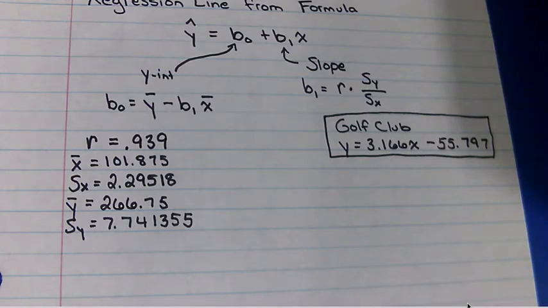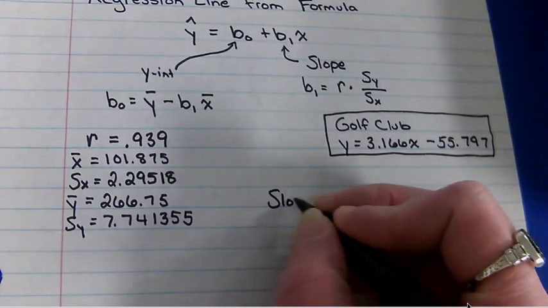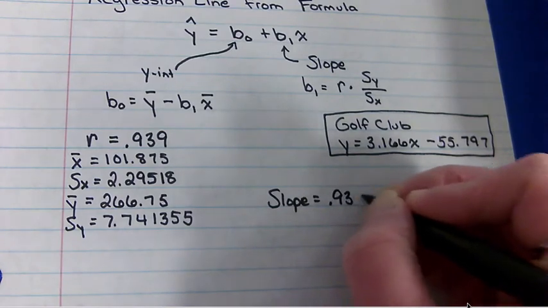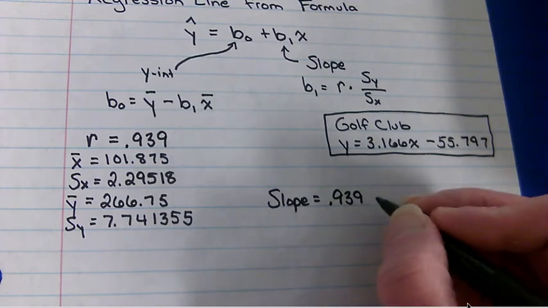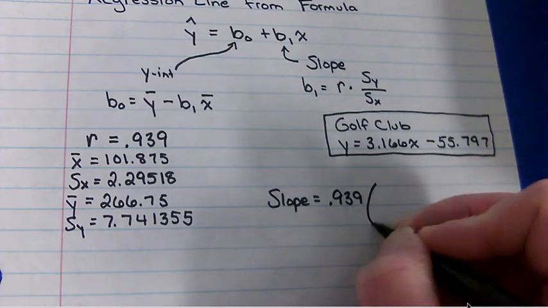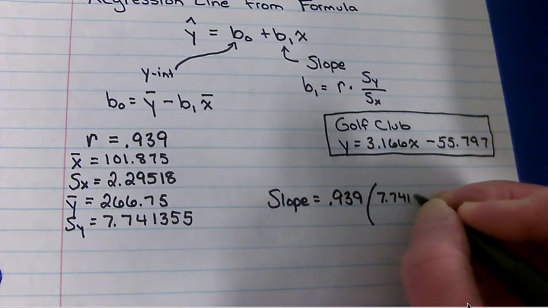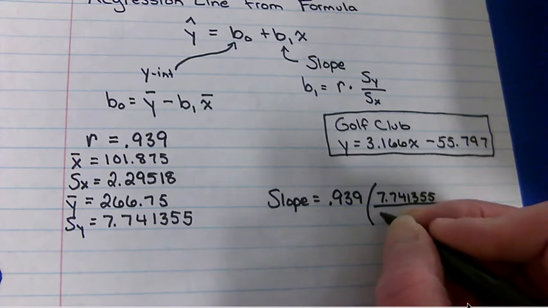So let's first find the slope. So the slope is found by taking r, which is 0.939. And we did round there too, so we may not come out exact, but we'll go with it. Times the standard deviation of y over the standard deviation of x.